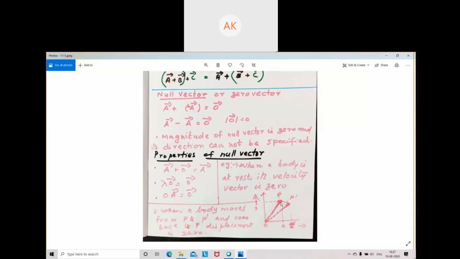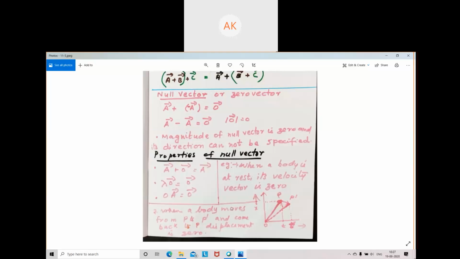But displacement is the shortest, straight line distance between the initial and final position. The initial position is P, and when it returns to point P, the final position is also P. So there is no displacement. The displacement vector is 0. So two examples are given.